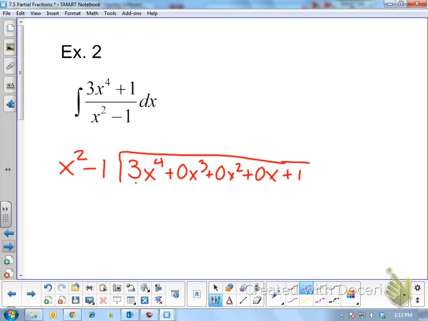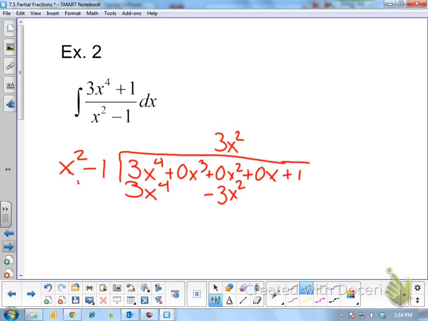So what would we have to multiply x squared by to make 3x to the fourth? 3x squared, so we line it up with our x squared columns. Then we multiply that 3x squared by everything in front and put it underneath. So 3x squared times x squared gives us 3x to the fourth. 3x squared times negative 1 gives us negative 3x squared.